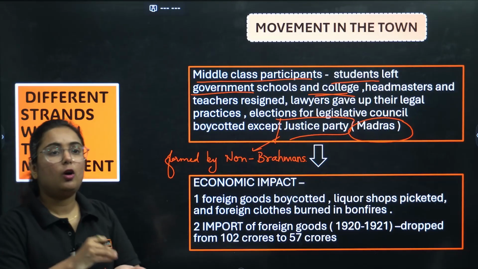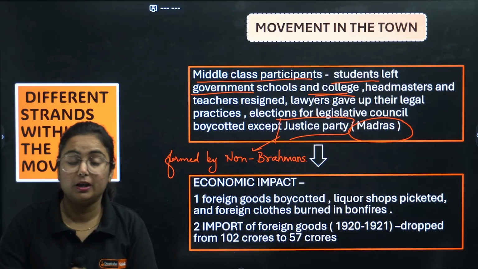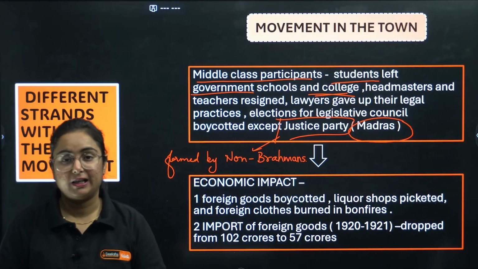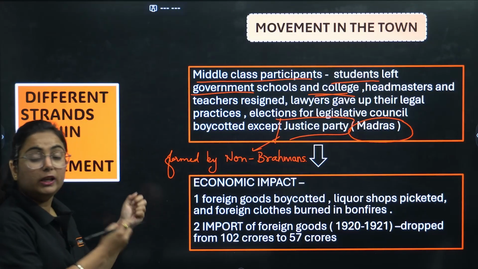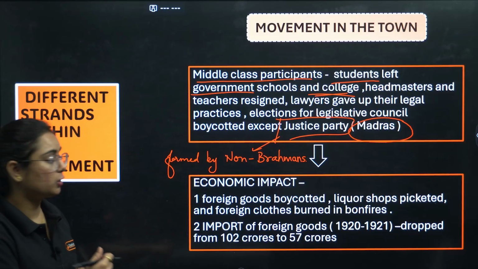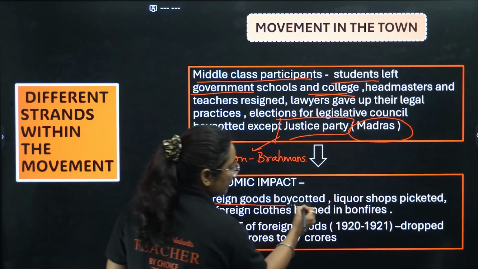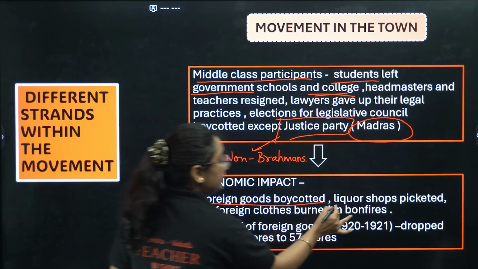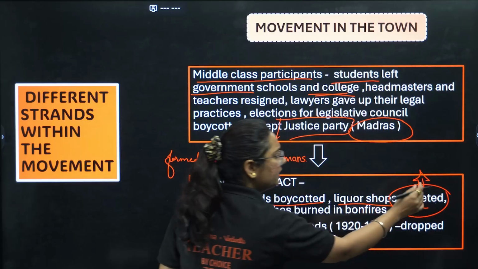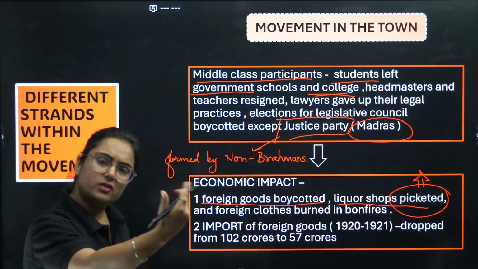If you are boycotting the goods of any particular country, their economy will definitely be affected. And see how important is the economic impact of the non-cooperation movement on the British economy, because foreign goods were boycotted. Their liquor shops were picketed. Picketed means just sitting outside the liquor shops and protesting peacefully.